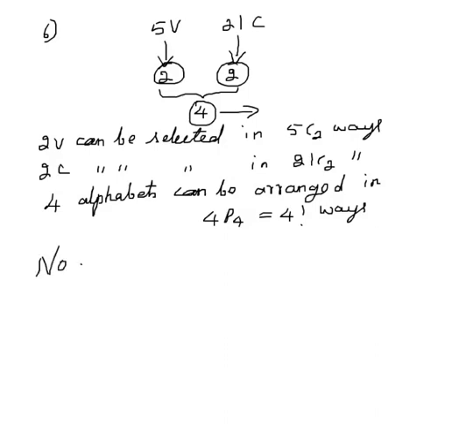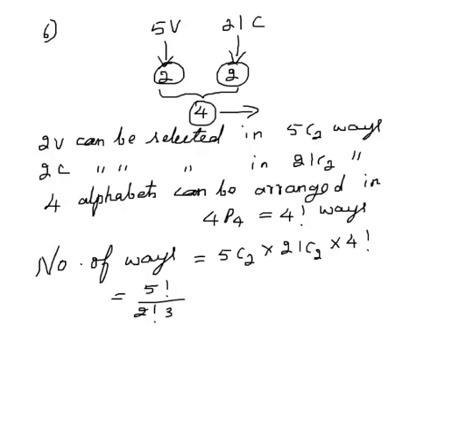Therefore, total number of ways is equal to, since we don't have the condition of vowels and consonants being together, we do the selection first and then arrange the selected alphabets. 5 factorial divided by 2 factorial times 3 factorial, times 21 factorial divided by 2 factorial times 19 factorial, times 4 factorial, 24.